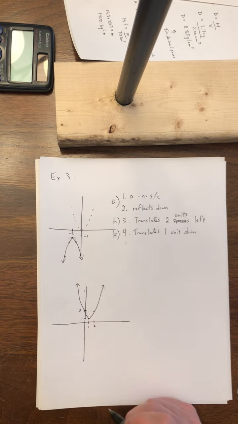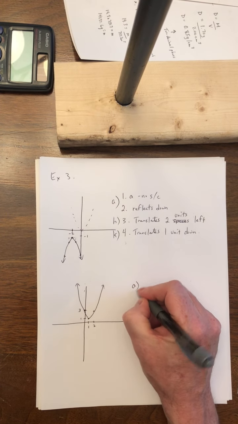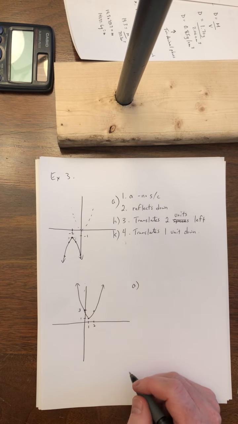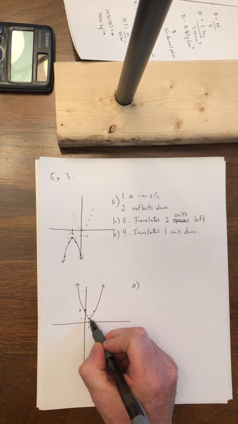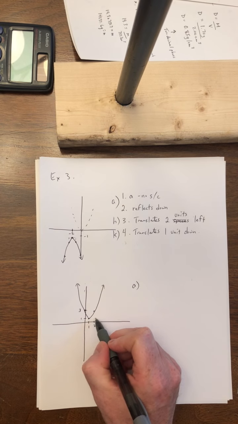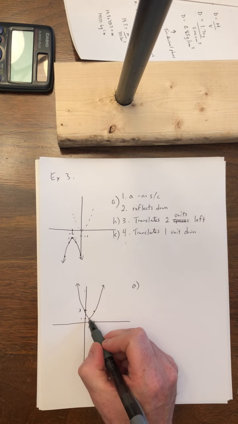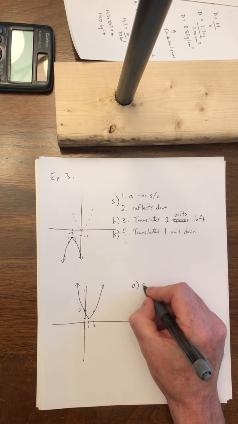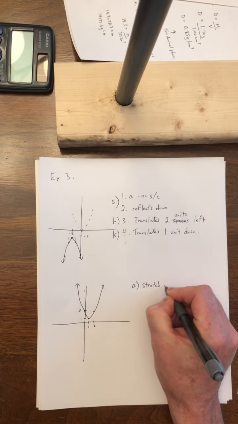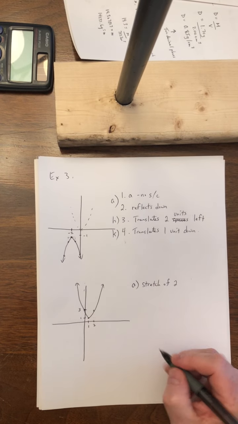So what are the transformations that we have made in this case? So first of all, dealing with our A, do we have any stretch or compression? And we do have a stretch or compression. We can see that instead of going over 1 and up 1, we are going over 1 and up 2. So that tells us that we have a stretch of 2. We've doubled it.